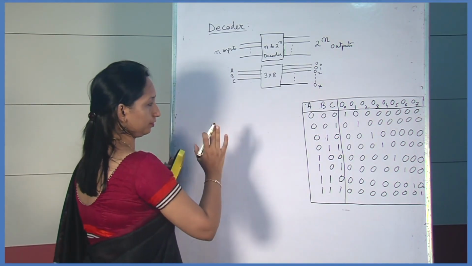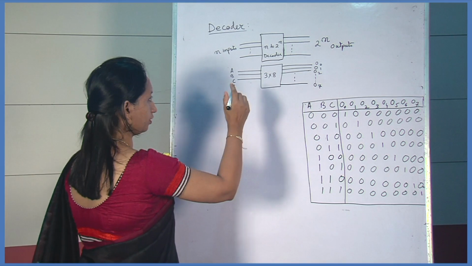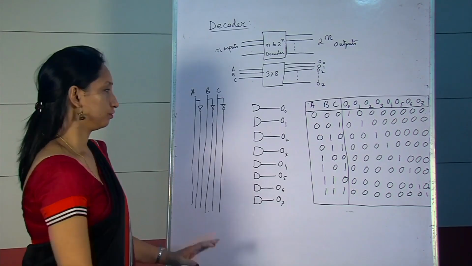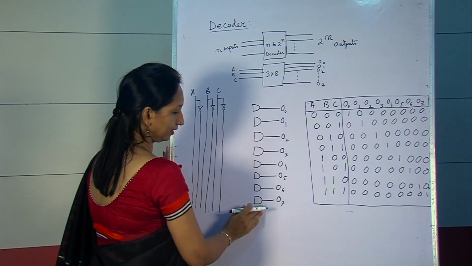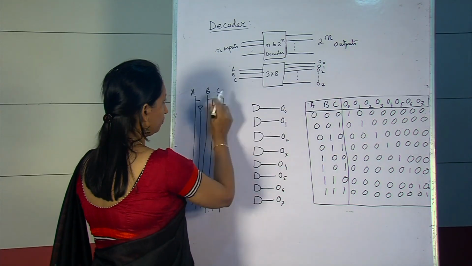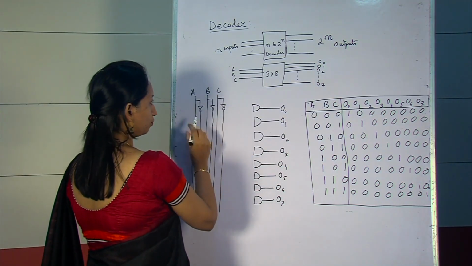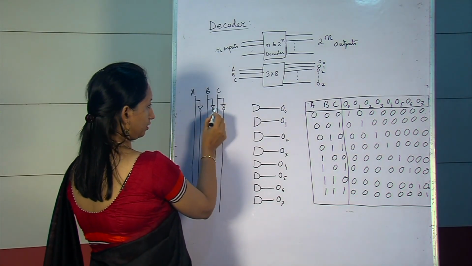Now we see the logic diagram for the 3 into 8 decoder. Since there are 8 outputs, 8 AND gates will be there, and A, B, C are the 3 inputs, which are complemented by using the NOT gate.